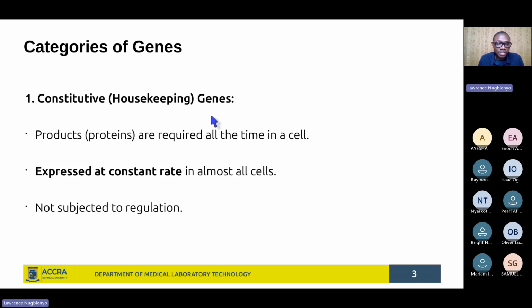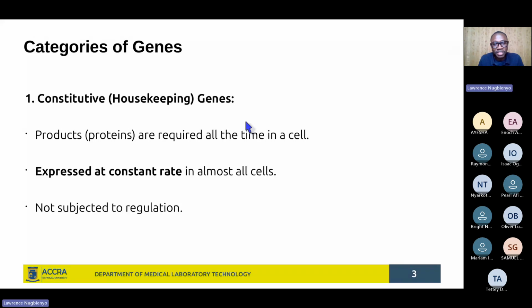And that's because the product of these genes, and remember, when we say product of genes, we are referring to proteins, because we already know that when genes are expressed, what we get from them are proteins. So the proteins are required all the time in the cell. So these genes are constantly being expressed. They are not under any regulation.